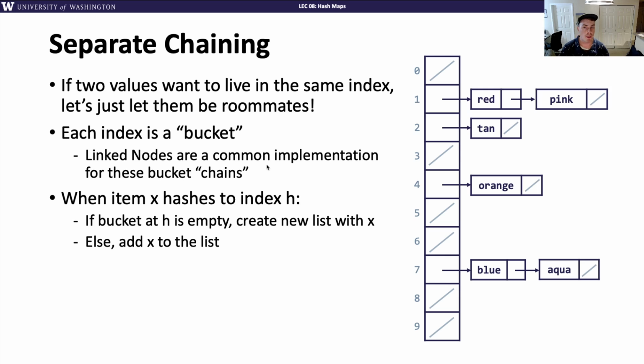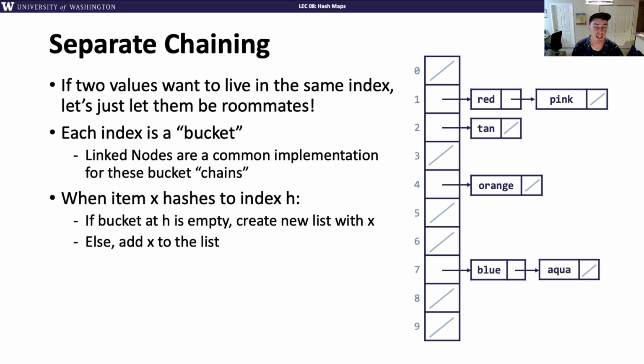So here's the idea for separate chaining. We ran into a problem with collisions when two different keys mapped the same index, right? We had that key 20 and that key 0. So the idea is instead of just storing one value at each index, let them be roommates. Let's store a data structure there to keep track of all of the keys that map to that index. So we're going to consider each index, we usually will call them buckets.